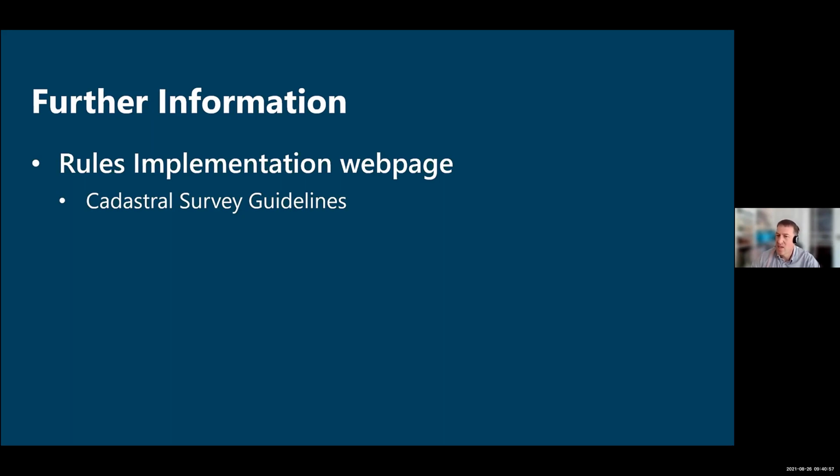New topics include unit titles, interim titles, diagram and transfer, application, adverse possession, and legalization CSDs. There's some really fantastic content there. And I'll show you how to get to that very soon.